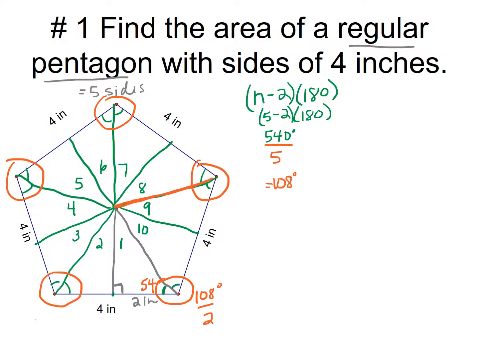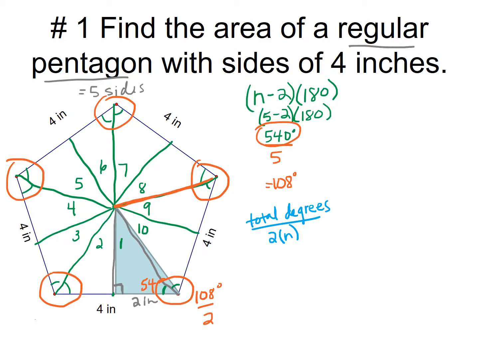So long story short, once we figure out the total degrees, we want to divide it by 2 times n.